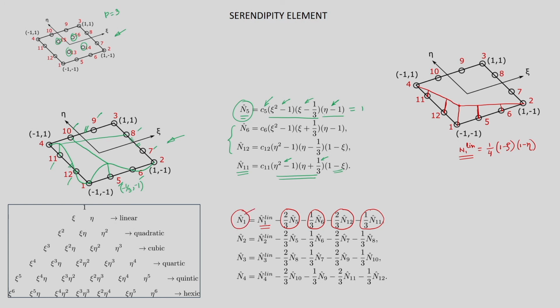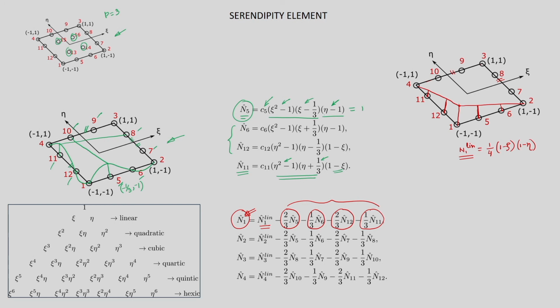So, this is the shape function N1 for the quadrilateral element. This subtraction ensures that N1 is 0 at node 5, node 6, node 11 and node 12, and anyway N1 linear is 0 on these two boundaries. So, all the requirements are satisfied.